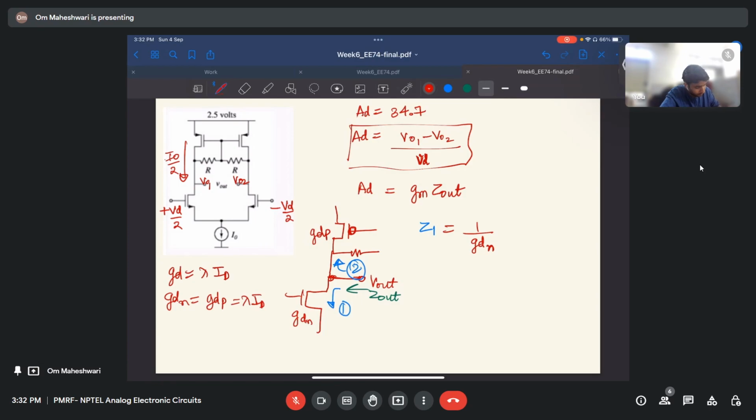Z1 is 1 by GDN, and Z2 is 1 by GDP parallel with R. Z0 is Z1 parallel Z2, that is 1 by GDN parallel 1 by GDP parallel R. Let us find this value. For GDN, lambda is 0.1.